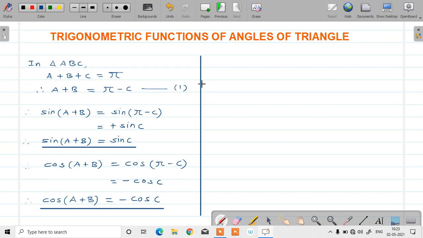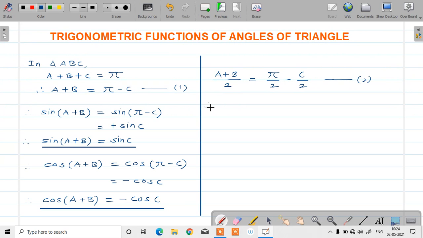Now from equation 1, if you divide equation number 1 by 2 on both sides, then what we get? We get another relation, that is (a plus b) upon 2 is equal to, see here, pi by 2 minus c by 2. Say this is equation number 2. Just by dividing equation number 1 by 2, we get this relation.